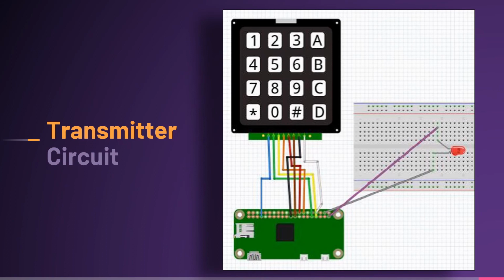Now, let me speak about the transmitter circuit, which is designed using Proteus software. The keypad is used as input in the transmitter portion of the Li-Fi communication. That means we will use the keypad to pick the text to be transmitted.